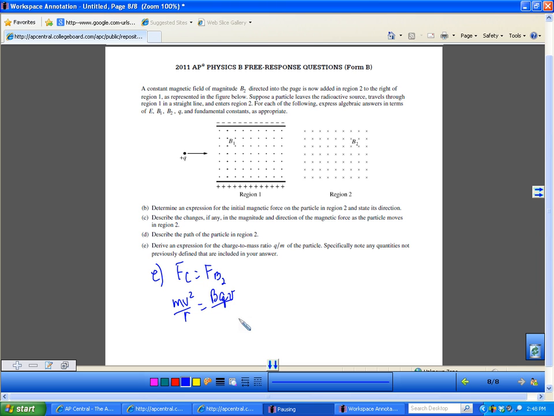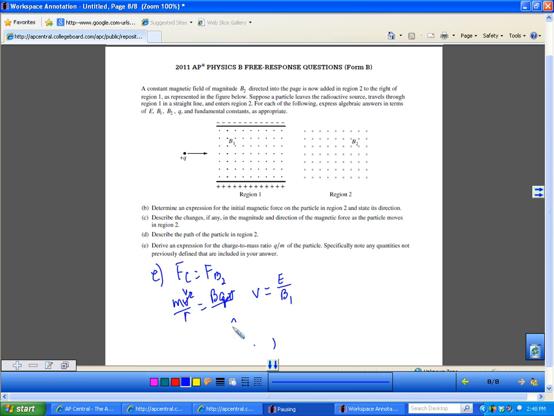And I said, well, I know v is equal to E over B1. So I kind of went ahead and reduced it down. So then I was left with m over q is equal to B r over v, but that's not what they wanted. They wanted Q over M, so I got to go back and fix that.